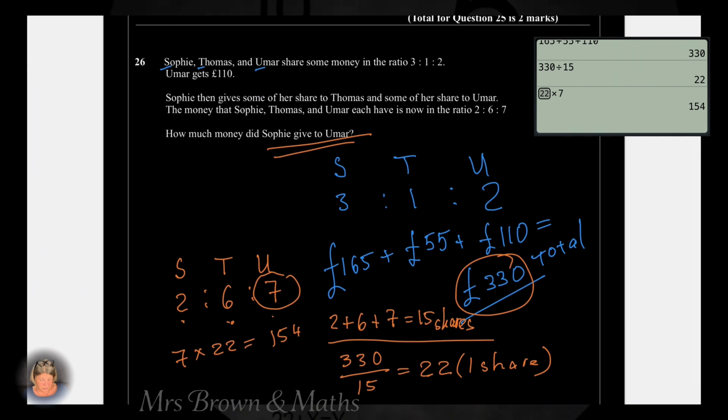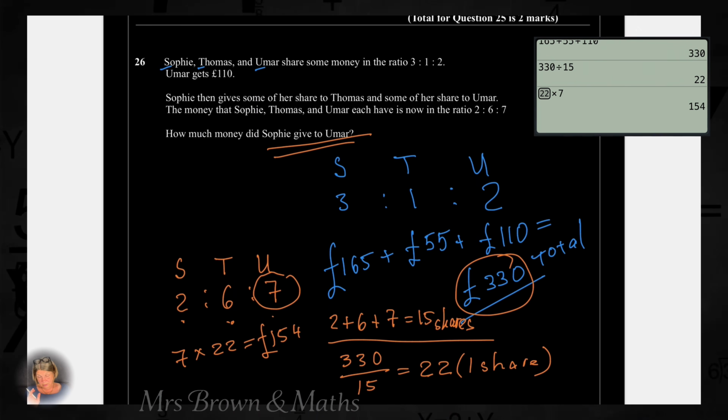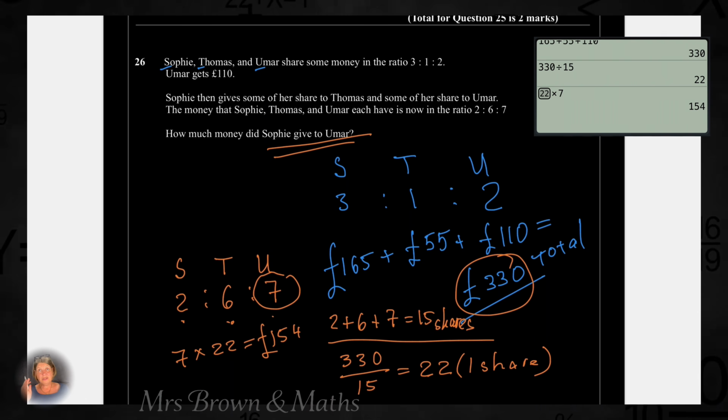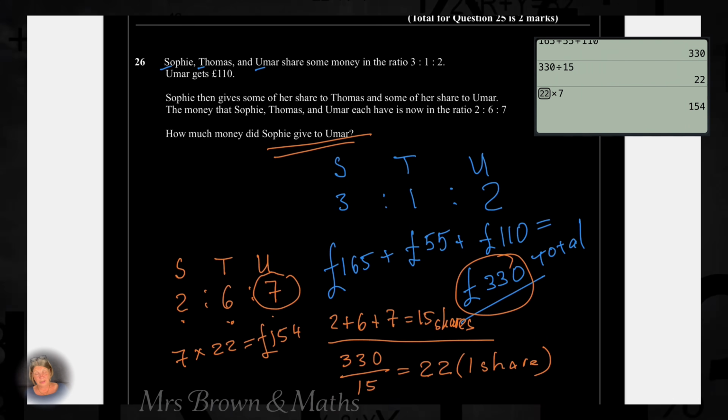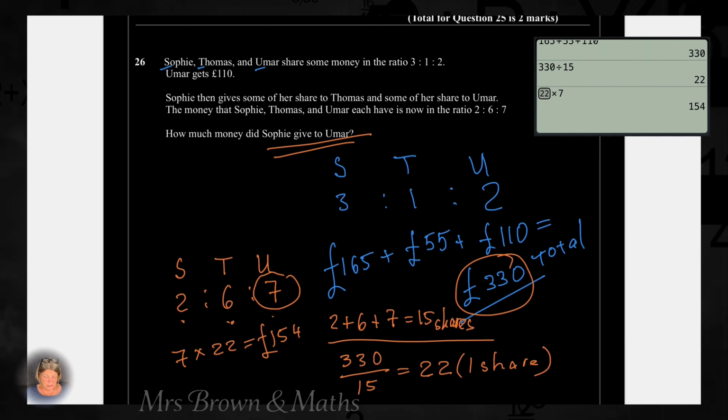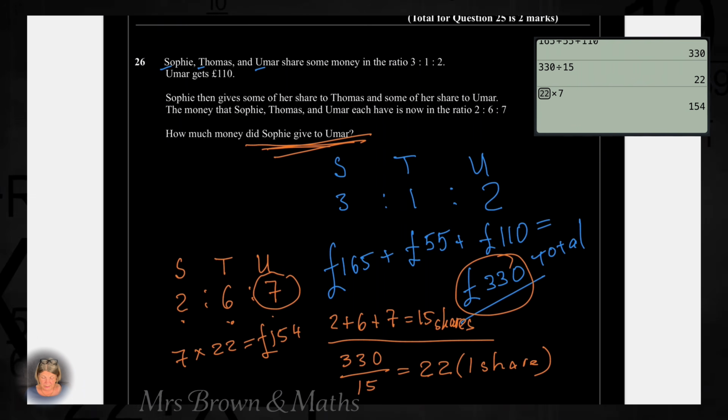154 pounds. A very common mistake. Oh, I got 154. That's it. Moving to the next question. But what was the question? How much money did Sophie give to Umar? So he had at the beginning 110. Now he has 154.